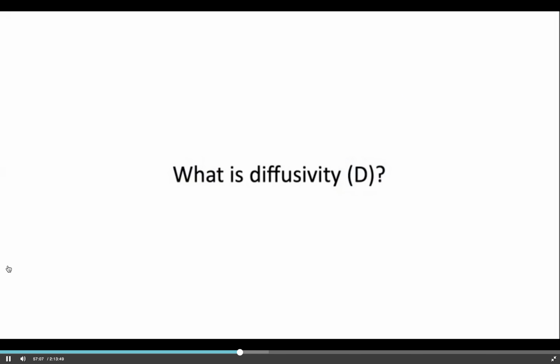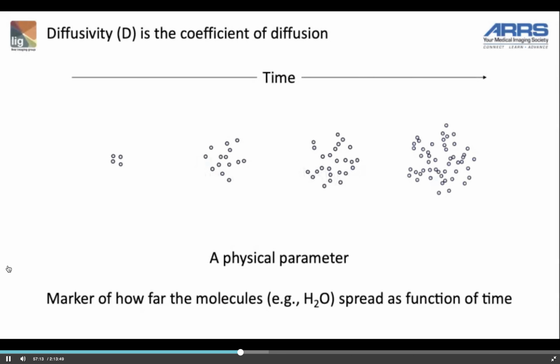Okay, well, there's another term called diffusivity, or D, and what is diffusivity? Diffusivity is a physical parameter. It's a mathematical physical parameter that defines diffusion. It's a marker of how far the particles or the molecules of interest spread as a function of time, as shown on this cartoon.